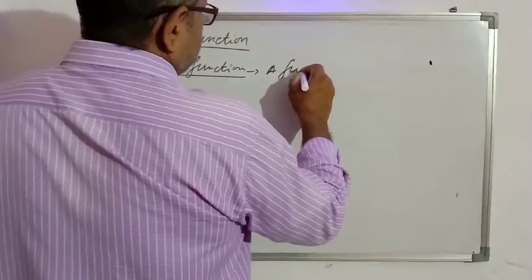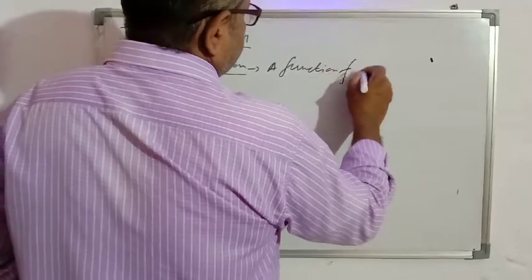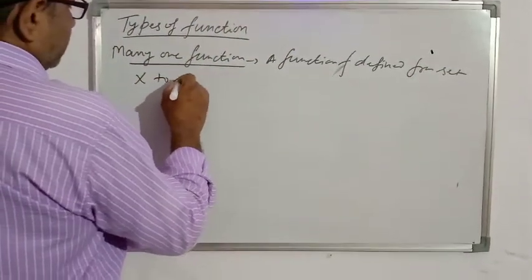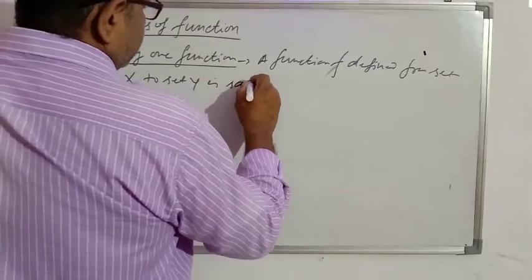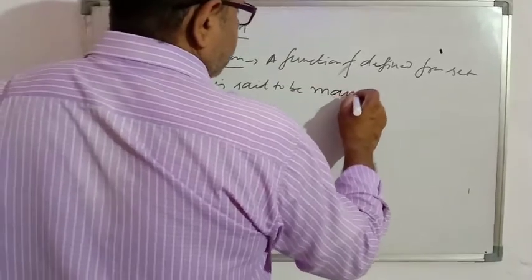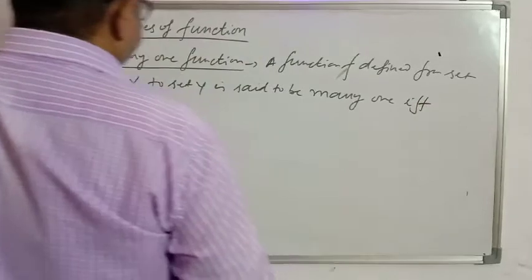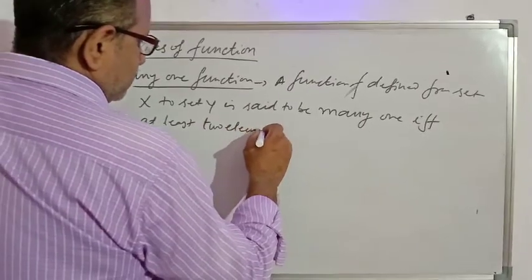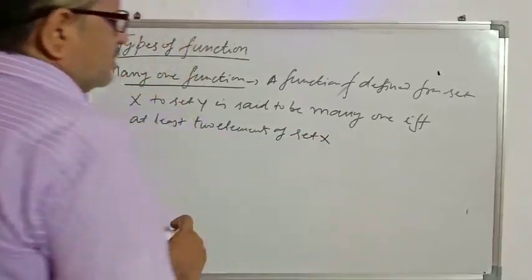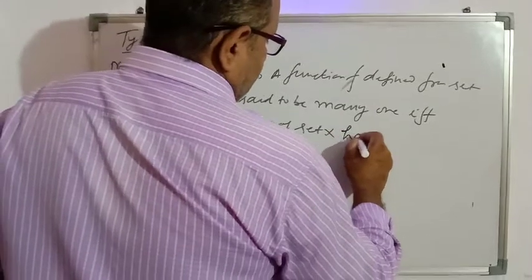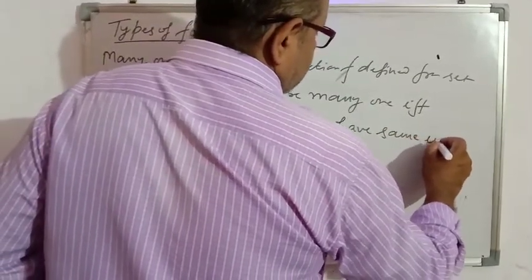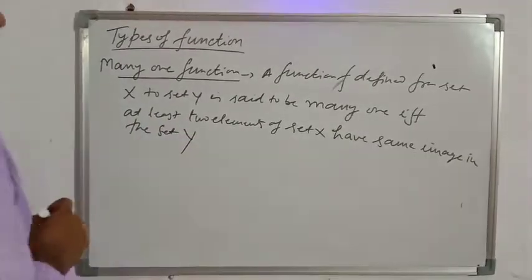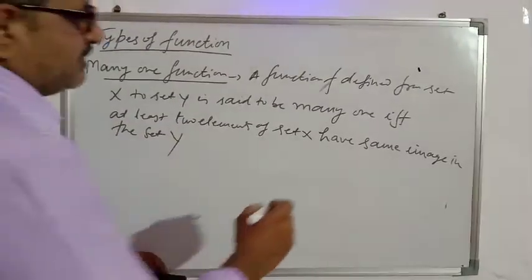A function f defined from set X to set Y is said to be many-one if and only if at least two elements of set X have the same image in the set Y.